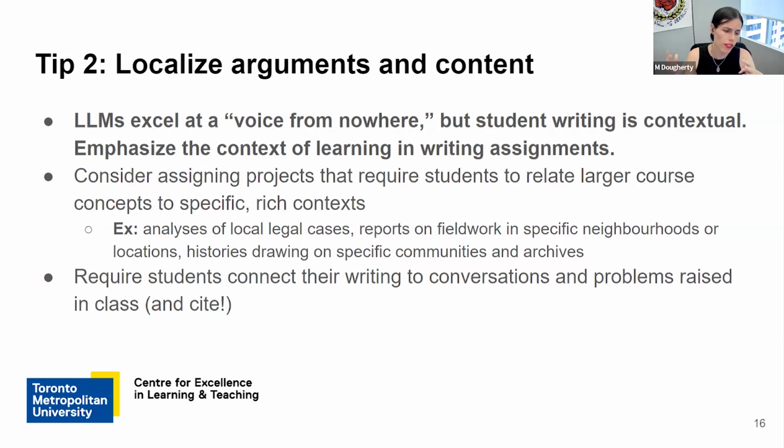So for example, if I ask a large language model, as I have in the past, to respond to a particular dilemma as a TMU student or as a resident of Toronto, it becomes quite apparent quite quickly that the large language model doesn't really know very much about Toronto. It will reference the size of the city or the fact that it's an urban environment or the fact that it's cold, but doesn't have a nuanced sense of what it means to be in a specific place.